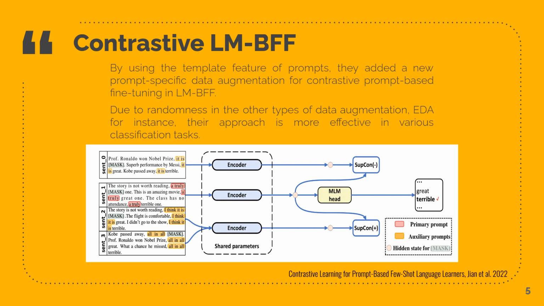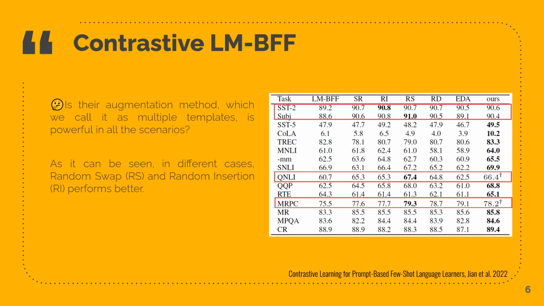However, as their data augmentation just changes the template of a sentence, which includes some words of the sentence, which is not comparable to the whole sentence or the whole template we are giving to the model, they could not improve the performance in some tasks in comparison to using other types of data augmentations like random insertion or random swap of easy data augmentation.